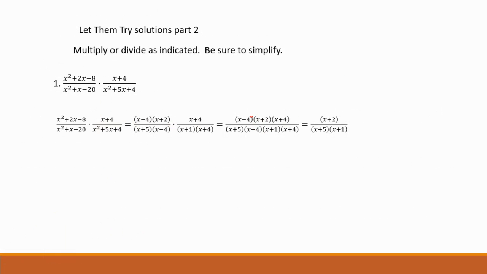So the x minus 4, as you can see, well, wait a minute, let me make that nicer. There we go. That cancels with this. This cancels with this. X plus 4 also cancels with itself. So we are left with this, as you can see.